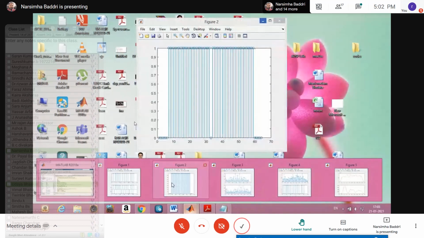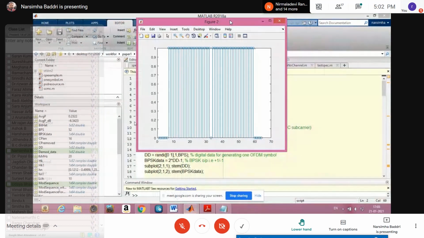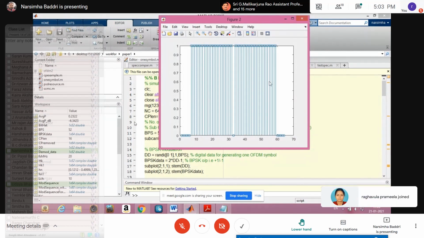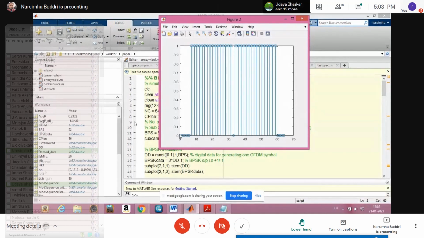We are not assigning the subcarriers directly, as shown in the resource grid. So this is the arrangement of subcarriers. There are various techniques for the subcarrier assignment.